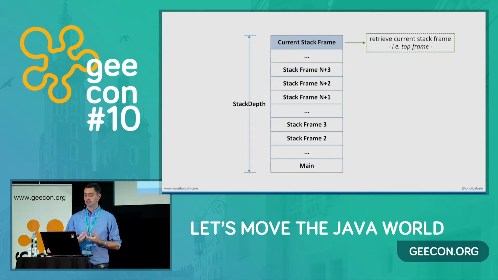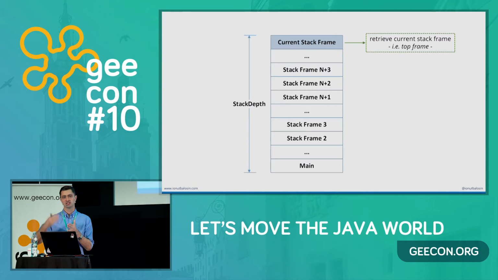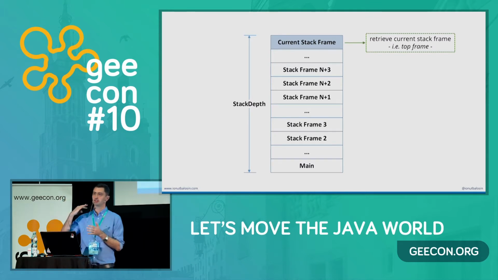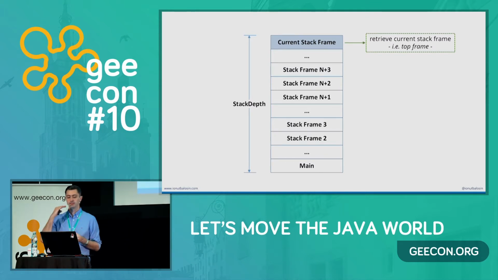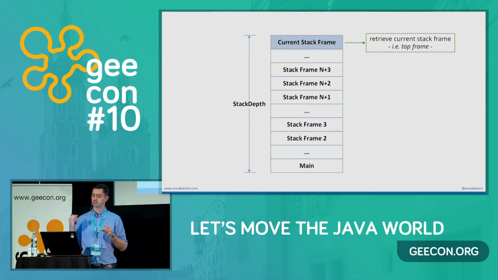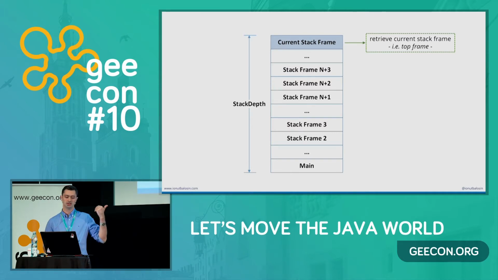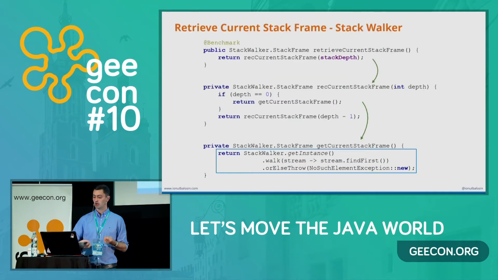And I did a test. What I tried actually, I had a method which recursively called itself until a certain stage, and once it hit that certain stage, I just wanted to measure the cost of inspecting the current stack frame, and the representation is in this diagram. The code, how it looks like, it's also not complicated.